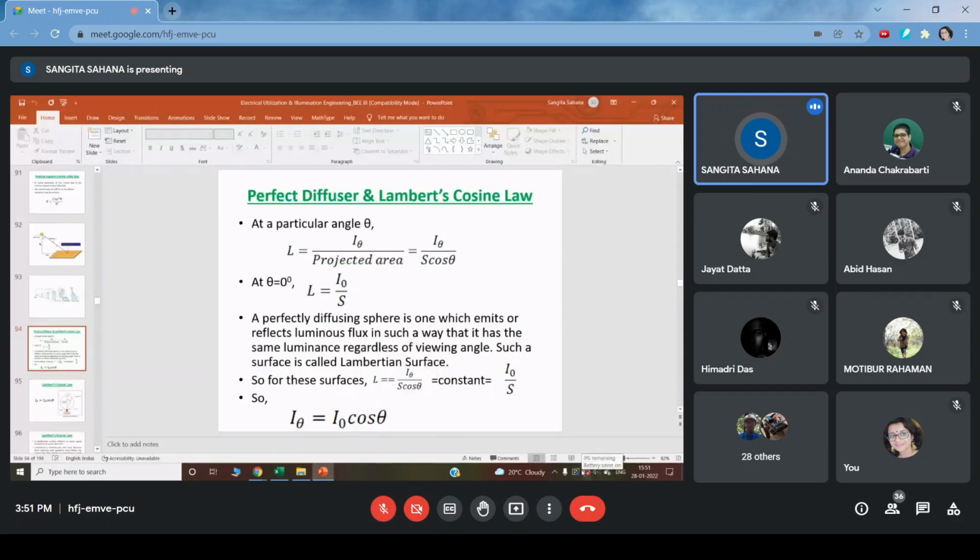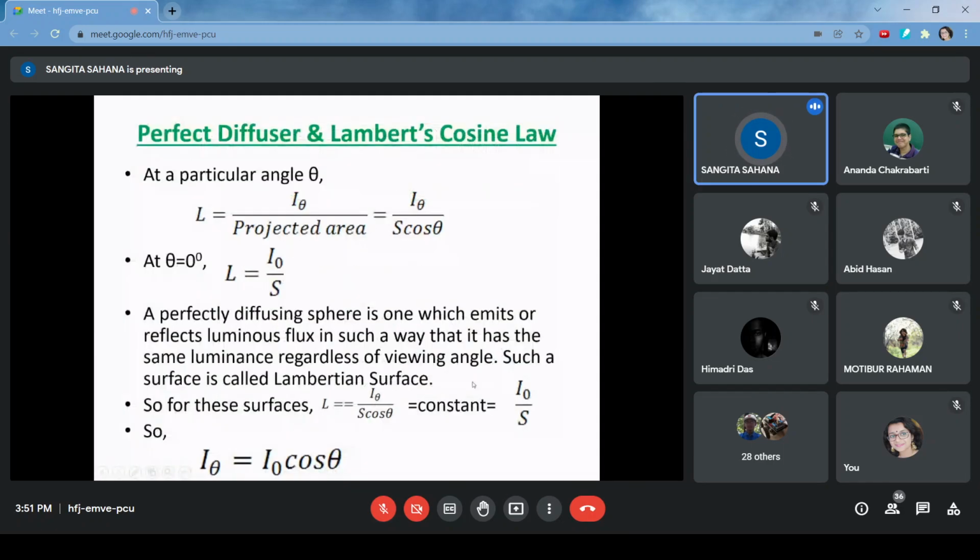The light is distributed in all directions such that the luminance is the same whatever the viewing angle. Luminance is candela per meter square, luminous intensity per unit area. How much light is coming in a particular direction per unit solid angle per unit area, right?